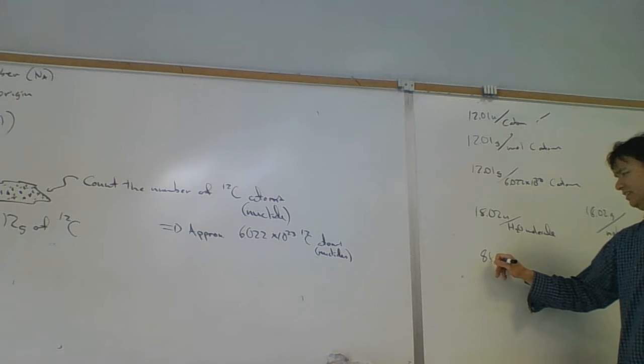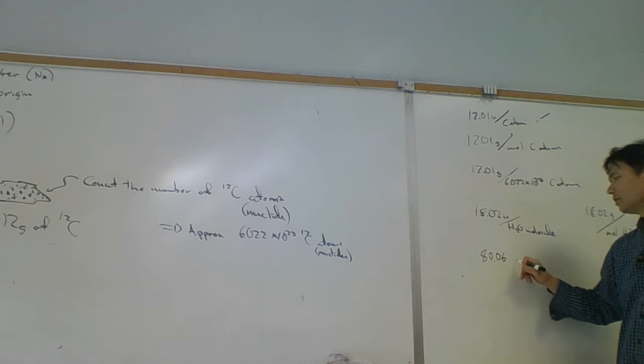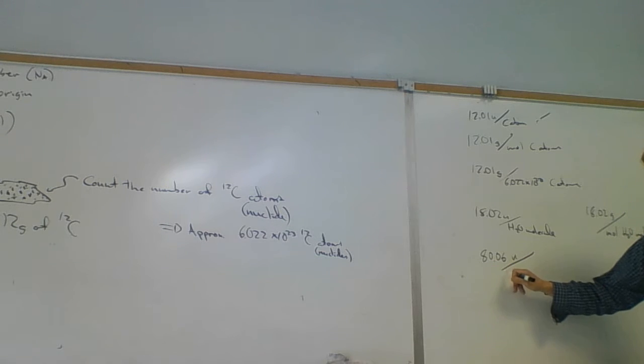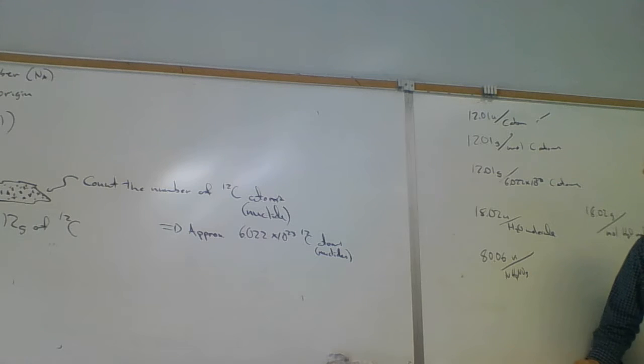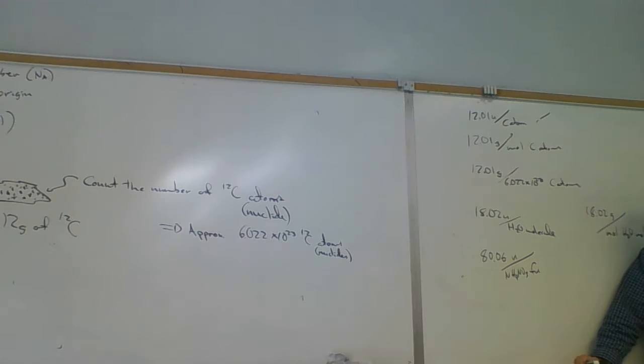There are 80.06 u per ammonium nitrate, what? Does ammonium nitrate form molecules? No, formula units. A formula unit of ammonium nitrate consists of one ammonium ion and one nitrate ion.